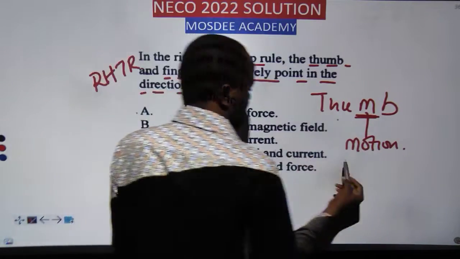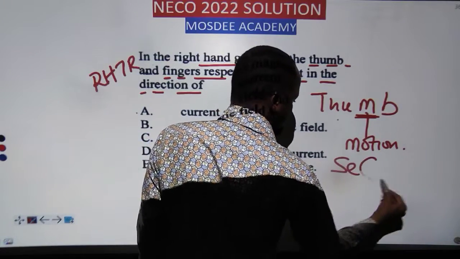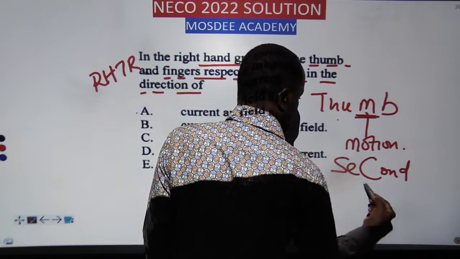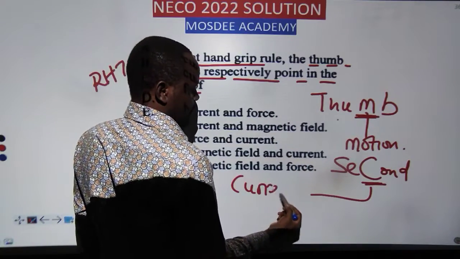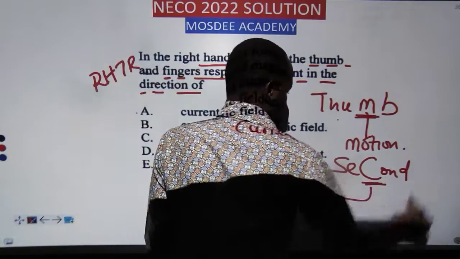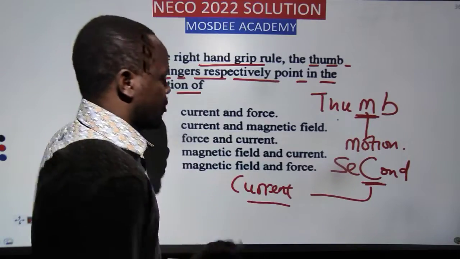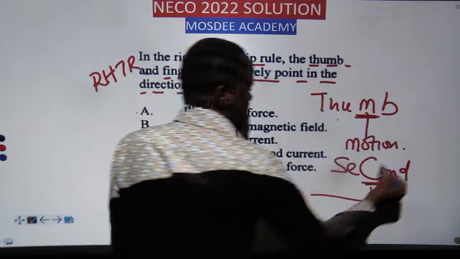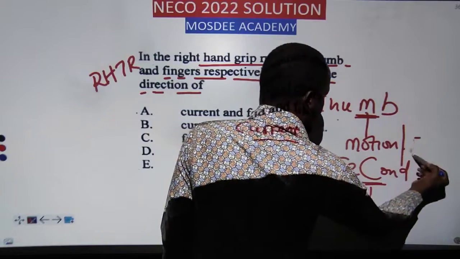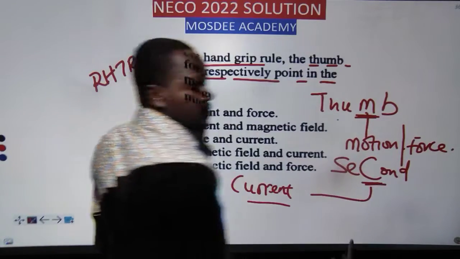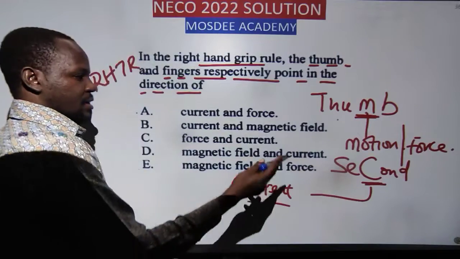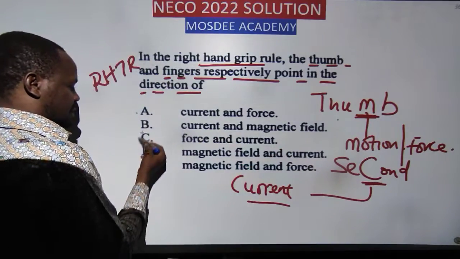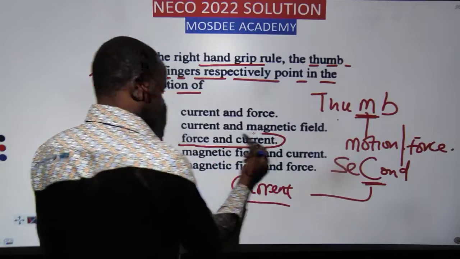And the second finger, SECOND: C is current. So the answer is motion and current. Motion is also known as force, since force will cause motion. So force and current will be the right answer.